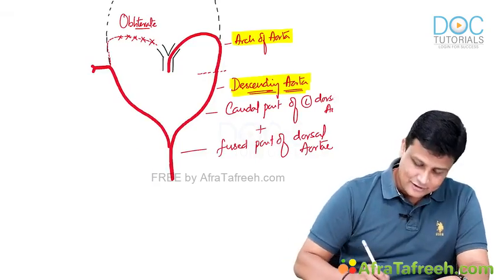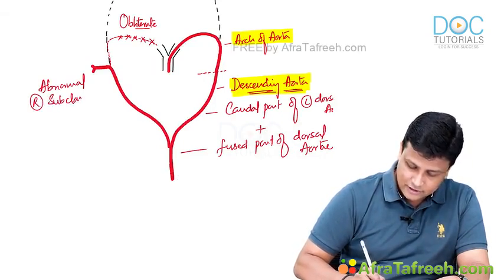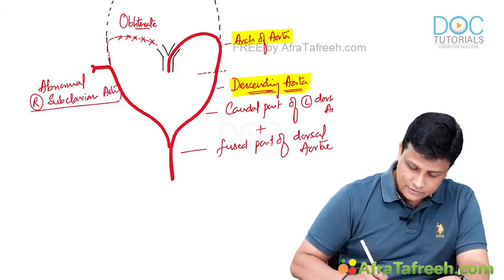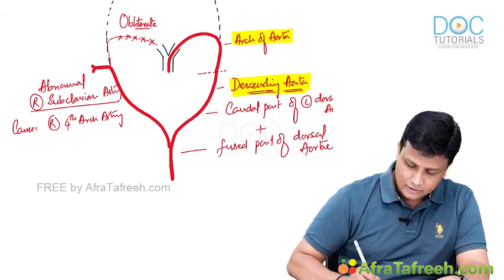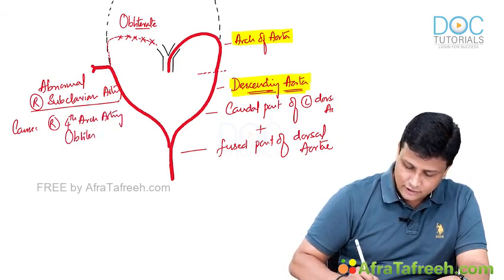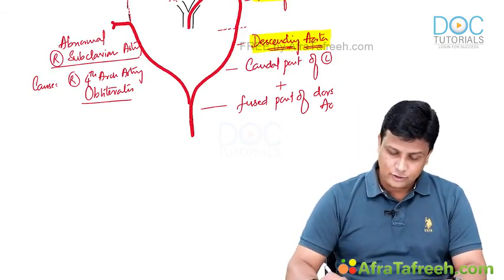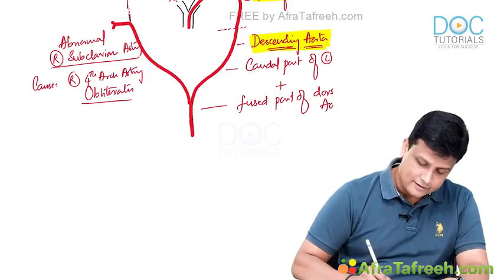So let me teach you in this diagram itself. Abnormal right subclavian artery. This was asked in the exam. What is the cause for this? The cause is that the right fourth arch artery obliterates. And because it obliterates, how is the abnormal right subclavian artery formed?